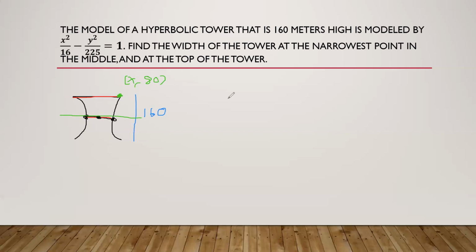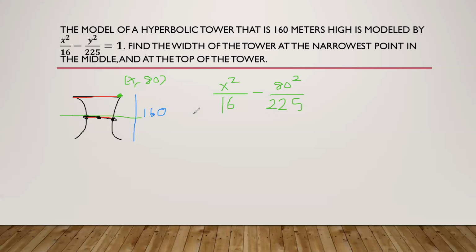To do that, we simply put the values that we have into the model, which is x squared over 16 minus, for our y coordinate, 80 squared over 225.